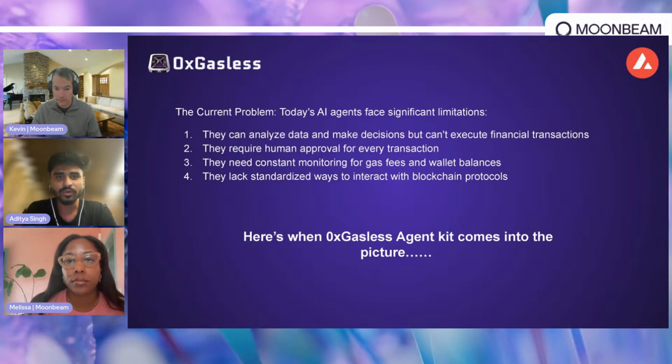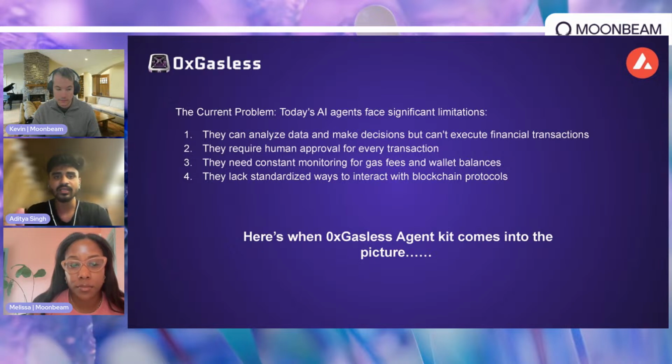They need constant monitoring for gas fees and wallet balances. While doing transactions natively, they have to ask the user, okay, we have less gas fees, and now I cannot do the transaction. So we have to give some native tokens for paying the gas fees.